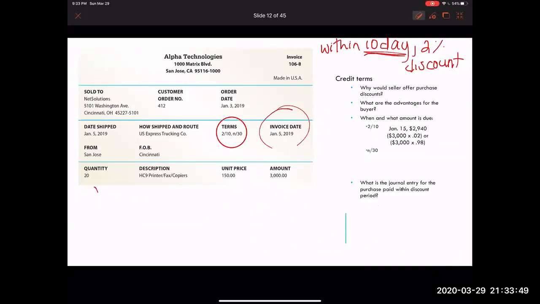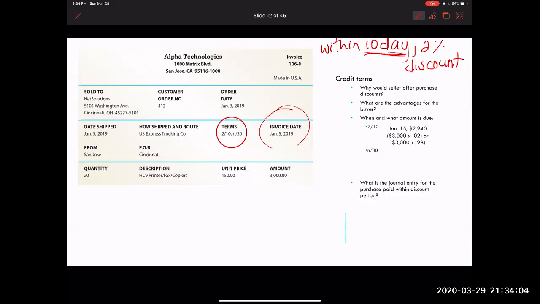Always, we're going to assume we're going to record it at the discount. Whenever you're doing any of these transactions, we always assume we're going to take advantage of the discount.